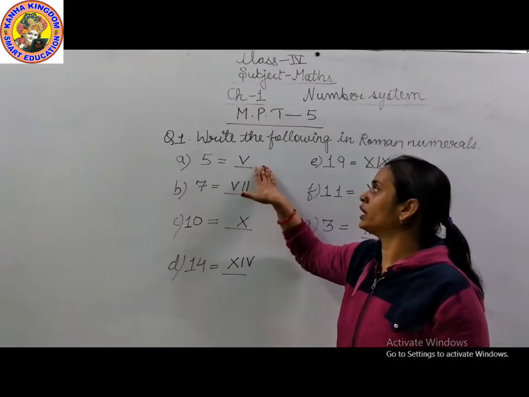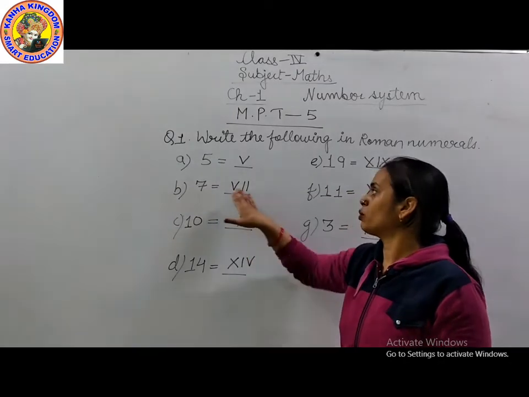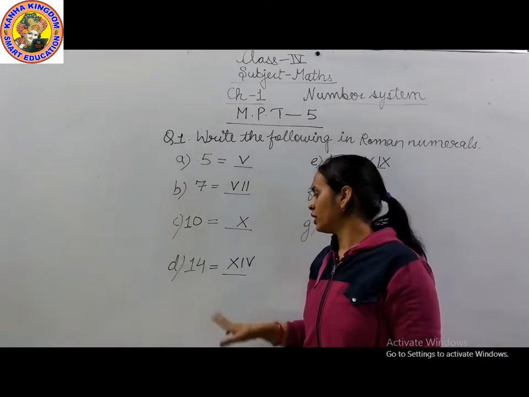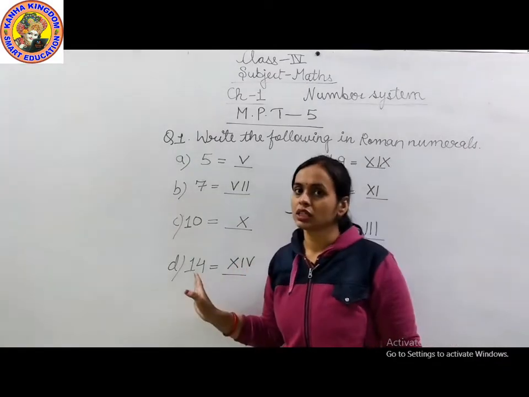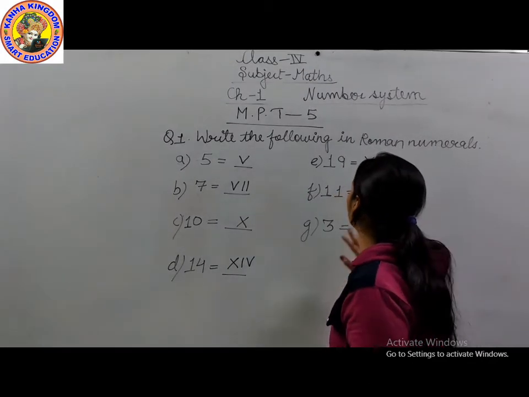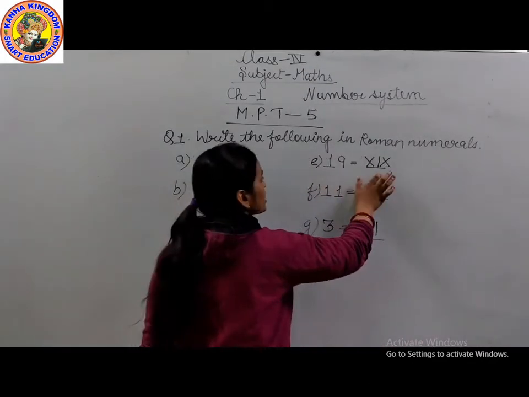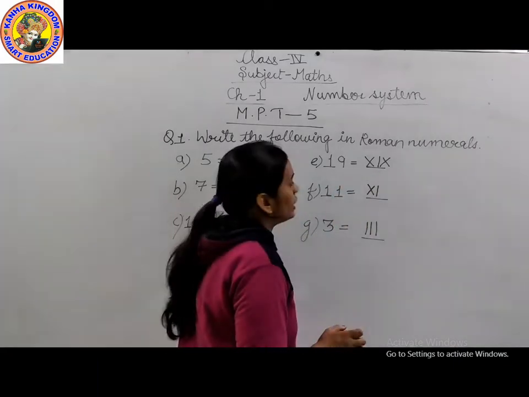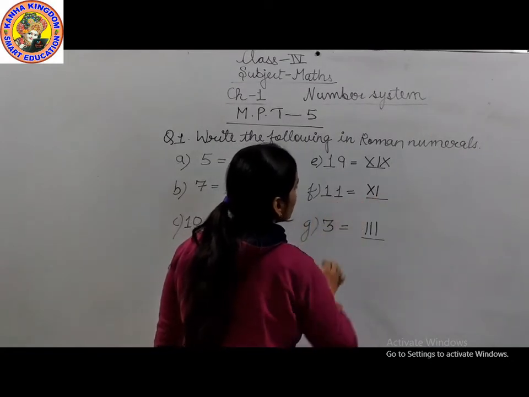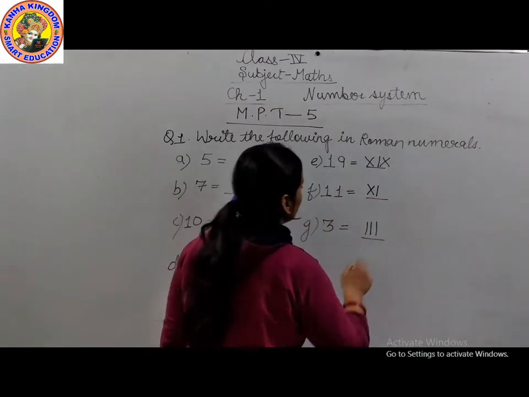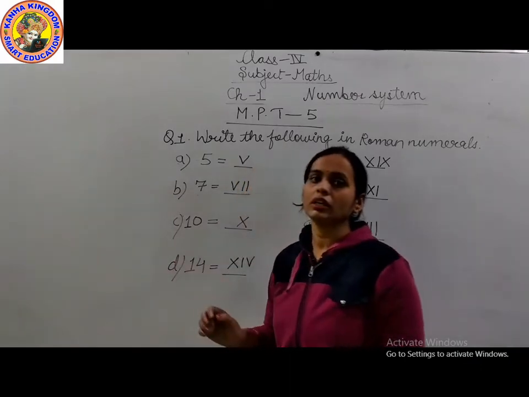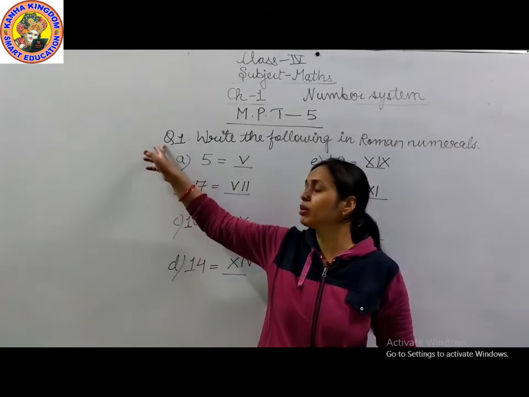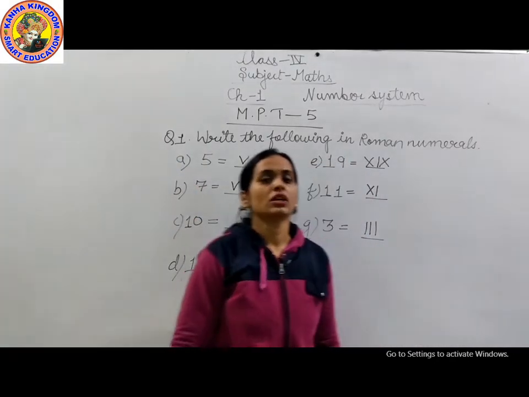So we write V in Roman numerals. 7, V double I. 10, X. 14, X I V. This is the way to write in Roman numerals. 19, X I X. 9 plus X means 19. 11, X I. 3, triple I. Okay. Write down this in your notebook and rest all the question of question number 1. Write down in your notebook.